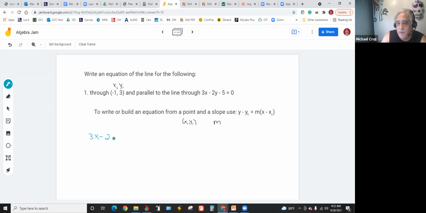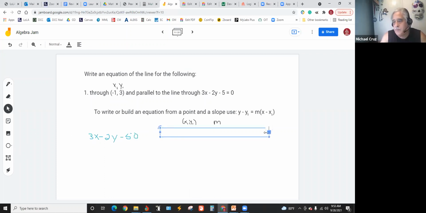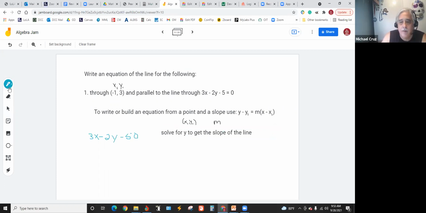We already got the point. So the first thing we want to do is solve for y to get the slope. All right. Should be equal to 0.